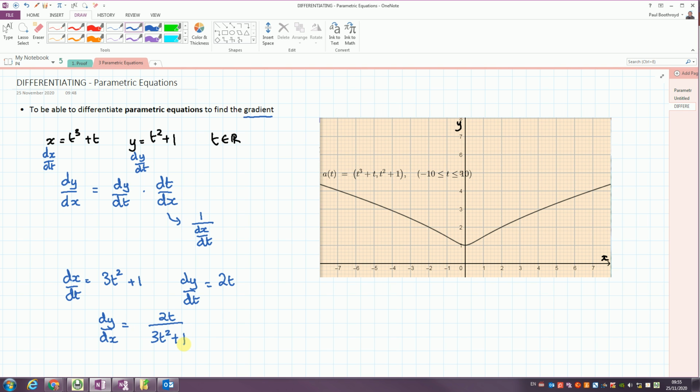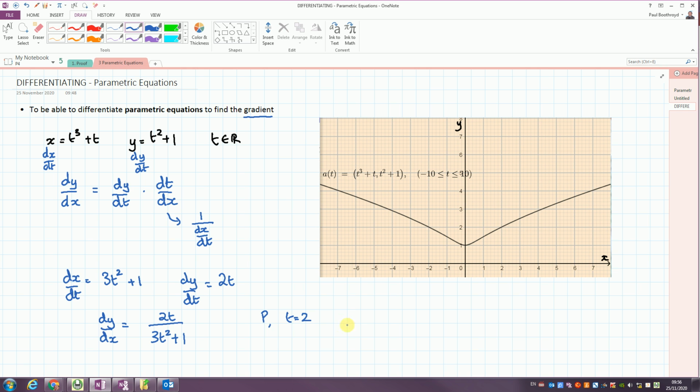And this means that we can calculate at various points what the gradient is. So they're going to ask what's the value at point P, which is when t equals 2. So when t equals 2, what's my gradient going to be?